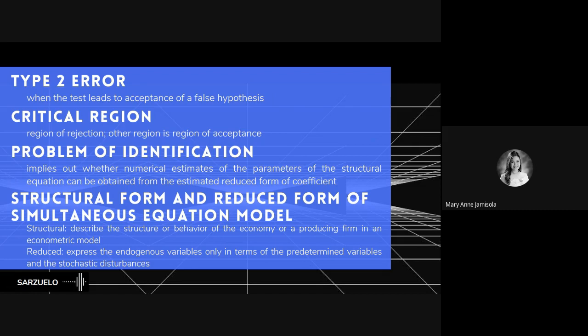So I understand that these terms are very, very technical. So again, our goal is to simply familiarize ourselves with these terms. These terms are actually related to our understanding and analysis of the endogenous and exogenous variables.